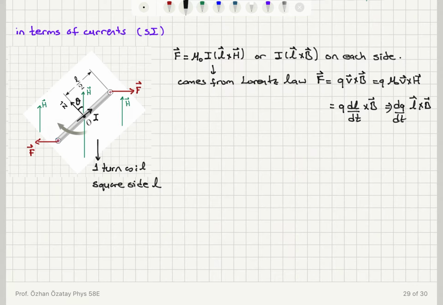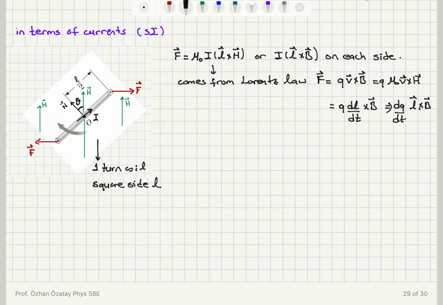Okay, so if I look at this cross product force acting on each side, I can see that for the current coming out on one side, if your four fingers point in the direction out of the board, in the direction the current is coming, and you curl your fingers in the direction of the magnetic field, your thumb points to the left.